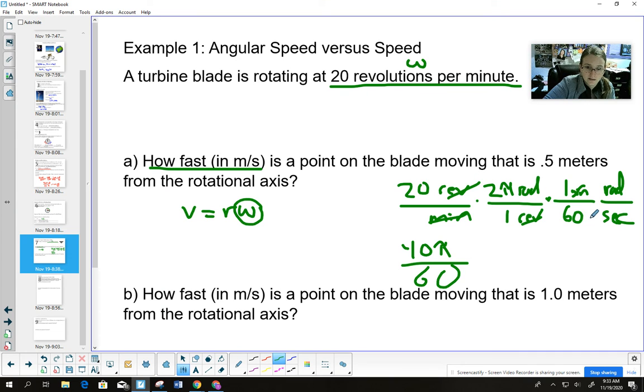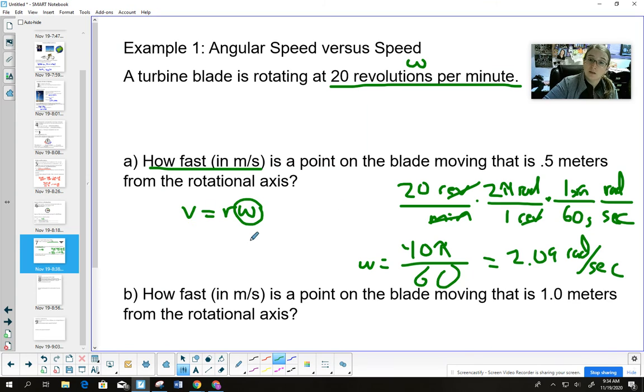Good, I got radians over seconds. And I'm just going to plug this in the calculator. So 40 pi divided by 60. Fraction of decimal. So we get 2.09 radians per second. So this is the angular speed.